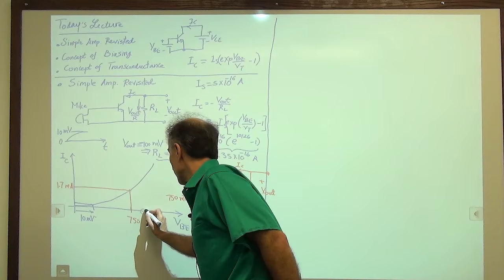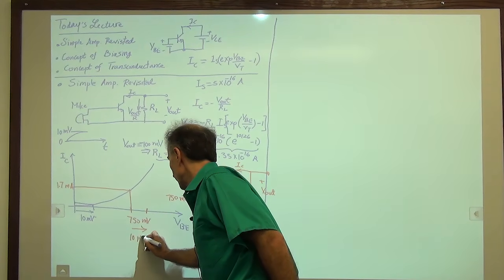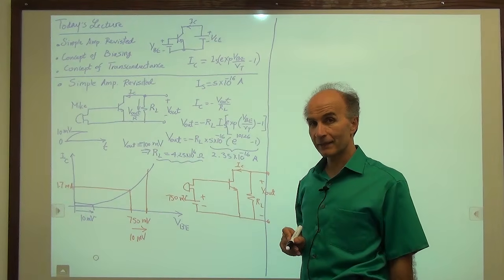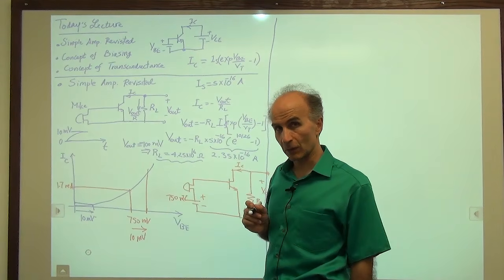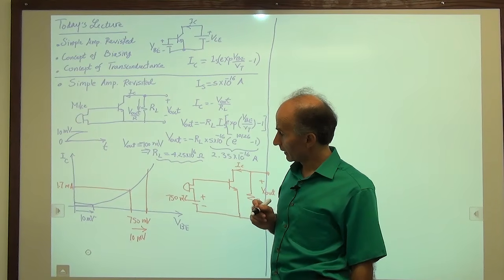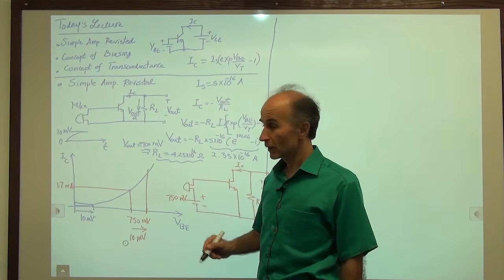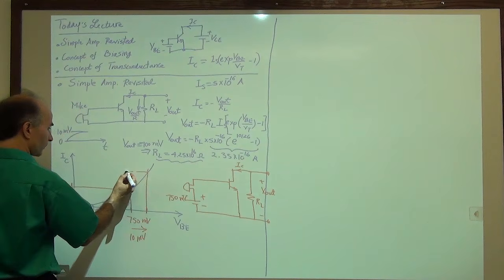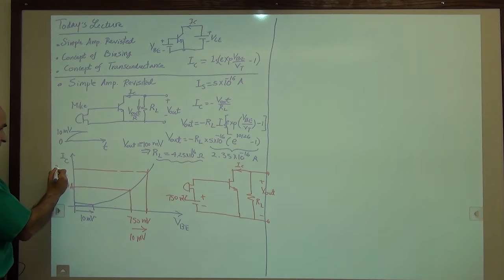So again we increase by 10 millivolts just like before, and this brings us here to 760 millivolts, at the moment that the microphone signal has reached 10 millivolts. How much current do we have for 750 plus 10? We can calculate that again, and the current through the transistor is equal to 2.48 milliamps.